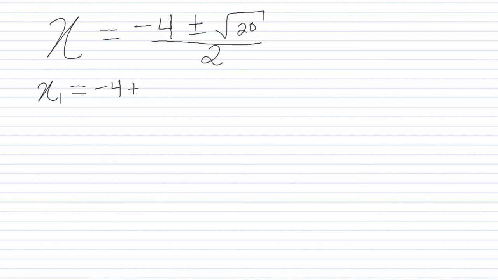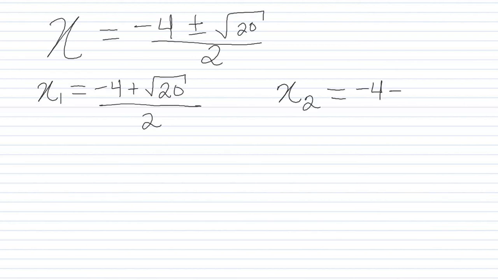So this is not plus or minus here, just plus. Square root of 20 divided by 2, and x2 equals -4 minus the square root of 20 divided by 2.